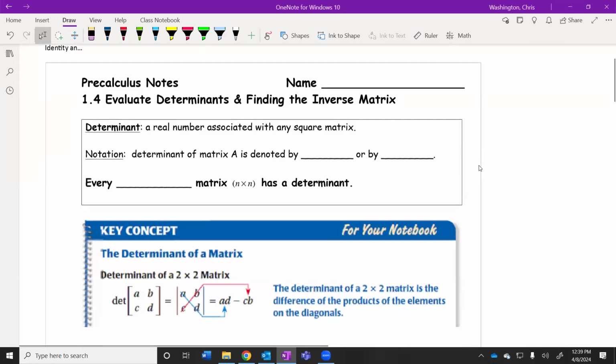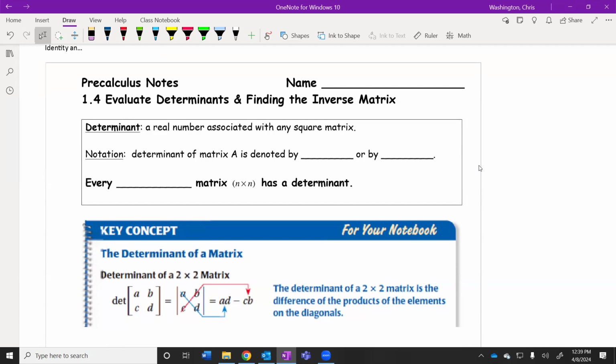In order to find the inverse, though, which is what we're going to talk about at the end of class today, we need to be able to find the determinant. And every square matrix has a determinant. It is a real number that describes that matrix. And it's only for square matrices in which the rows and the columns are equal.